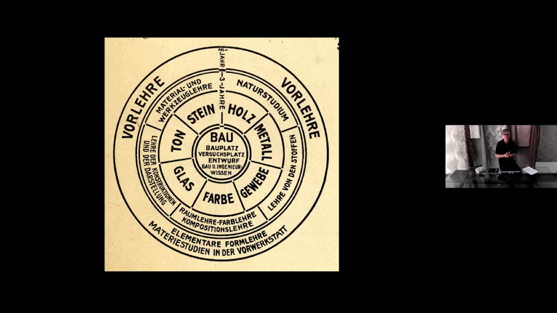Sorry, this is in German, but here you see all these different materials like stone, wood, metal, fabrics, color, glass, stoneware. All these materials were involved in this design process and were seen as a holistic concept.